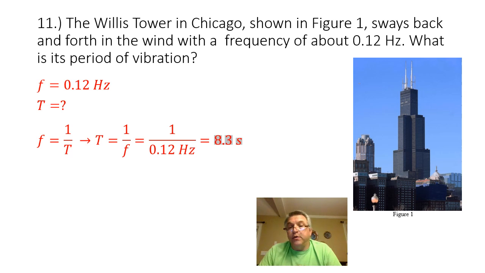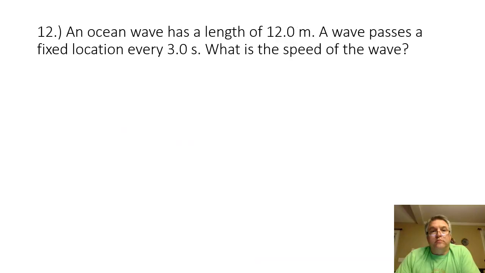If I had the period and I wanted to find the frequency, I would just do 1 divided by the period. But here we have the frequency and we are looking for the period. So 1 divided by the frequency, or 1 divided by 0.12 hertz, is going to give me a period of 8.3 seconds.